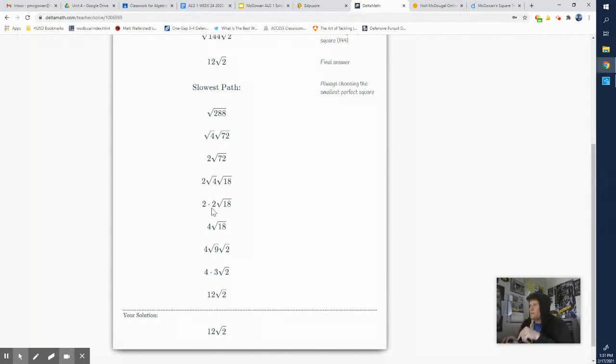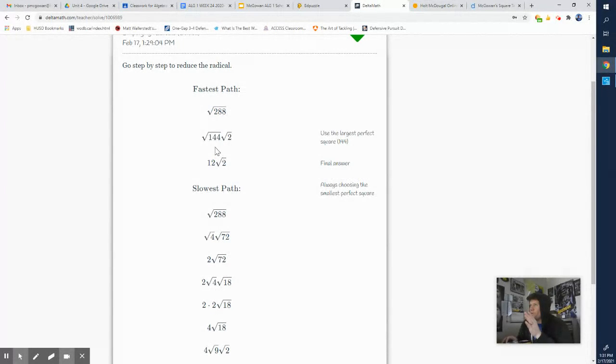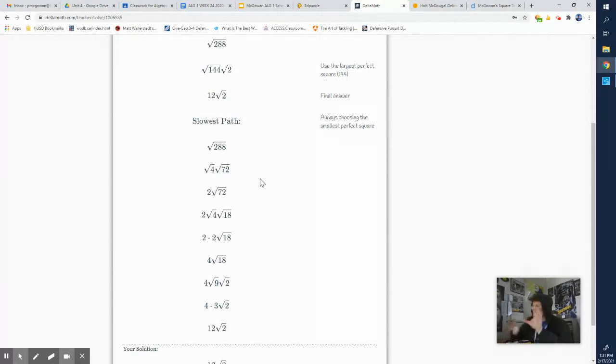Square root of 4 became 2. Square root of 9 became 3. Square root of 144 became 12. Once you break them apart, they're still inside the square root, multiplying in between. But if it's a clean one, take the square root. If it's not clean, like that square root of 2, then leave it inside.